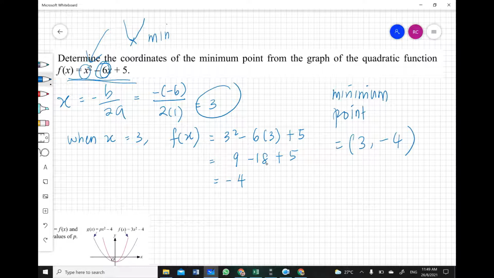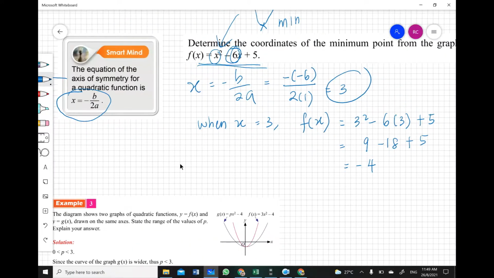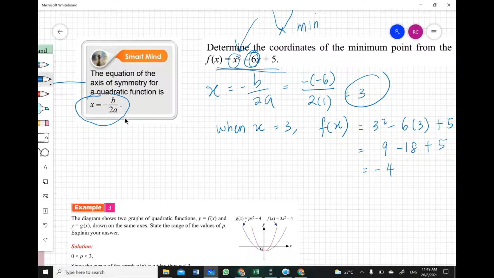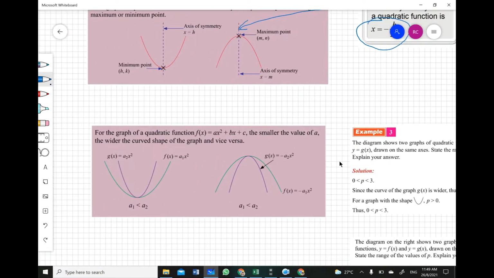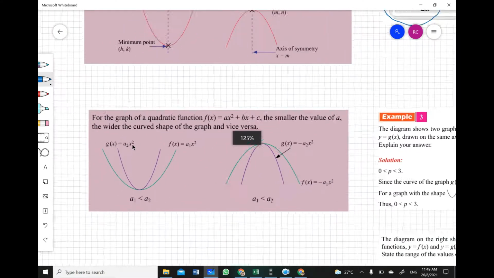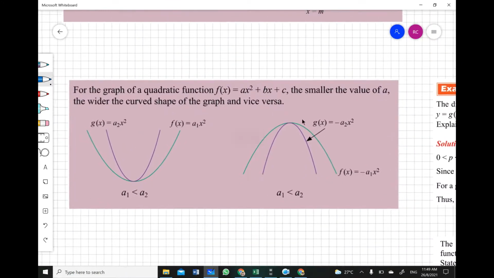That is the purpose of using the quadratic function just now. So I carry on. For the graph of a quadratic function, you also have to memorize this. The smaller the value of a, the wider the curve shape of the graph, and vice versa.